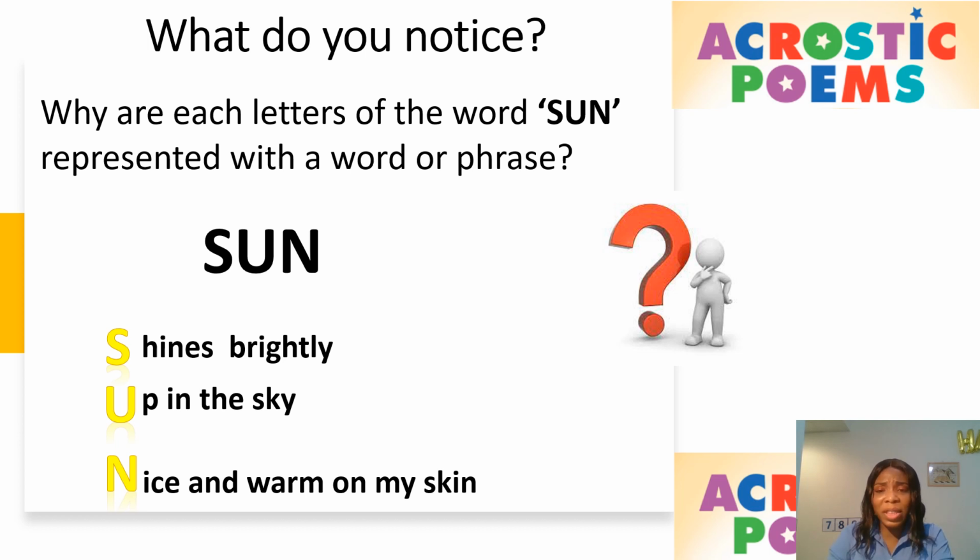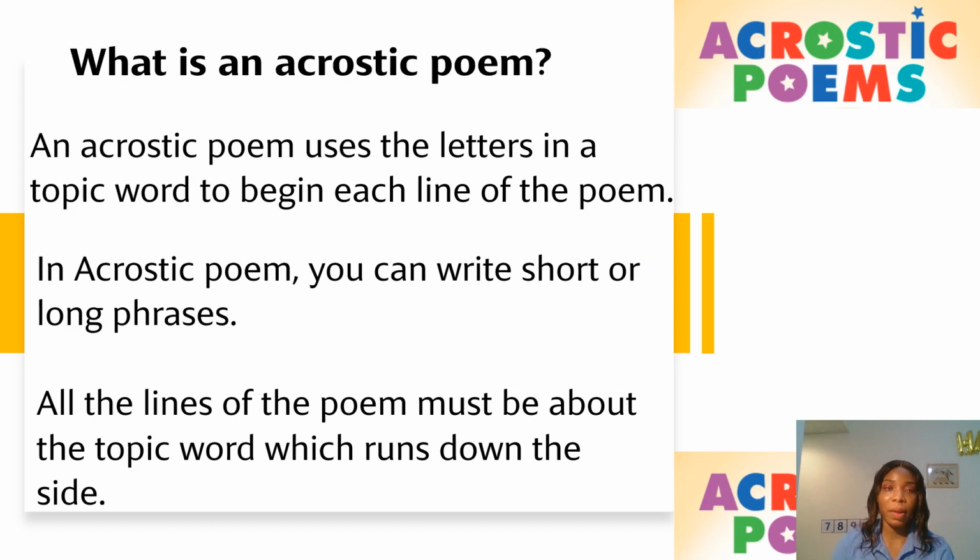Now ask yourself what this is all about. Why do we have the letters of the word sun represented with words that relate to the meaning of the word sun? So what is an acrostic poem?